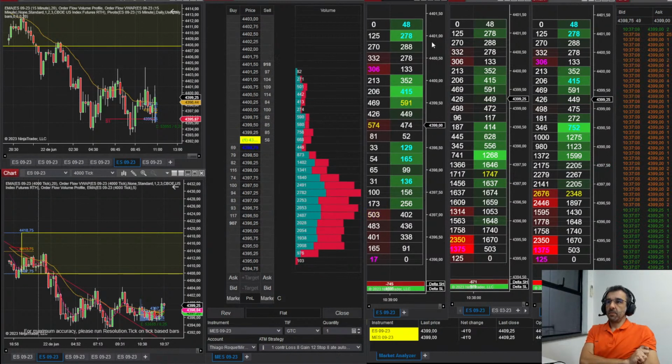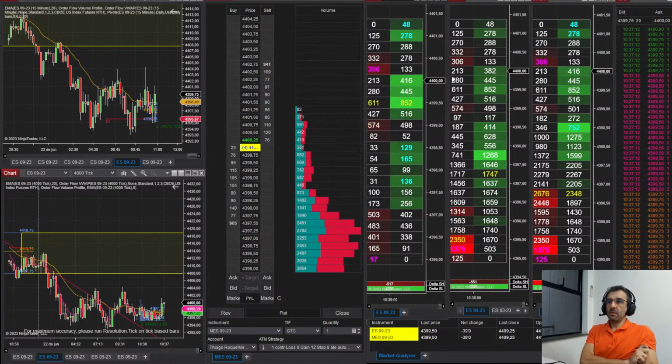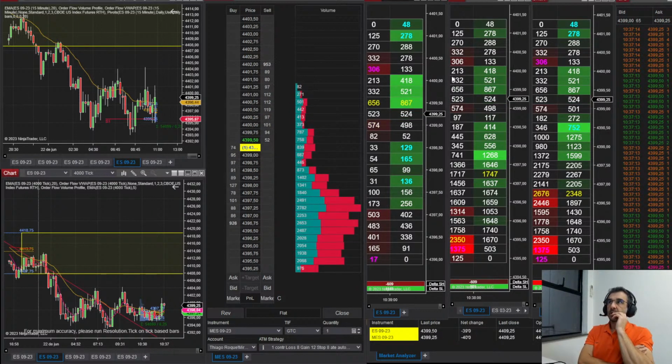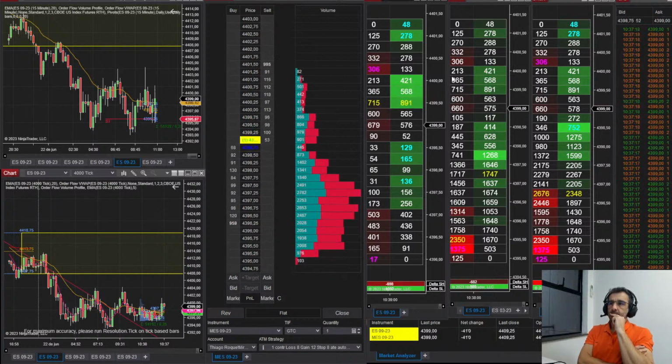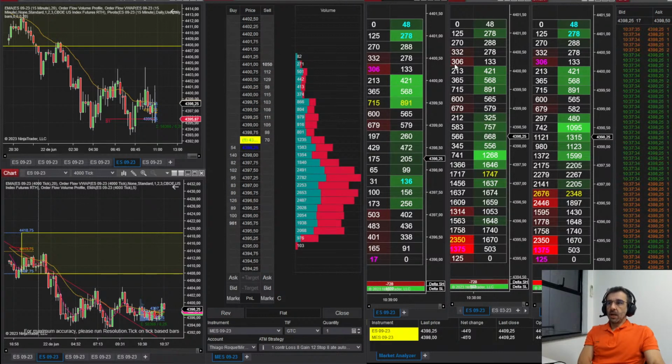Let's see if they will be able, but there was a rejection or an exhaustion at the 0.1. But we're seeing lots of selling absorption at the 400. So we find lots of sellers willing to sell, okay?